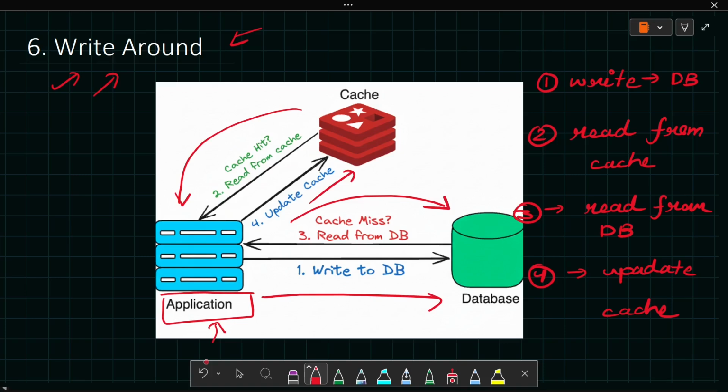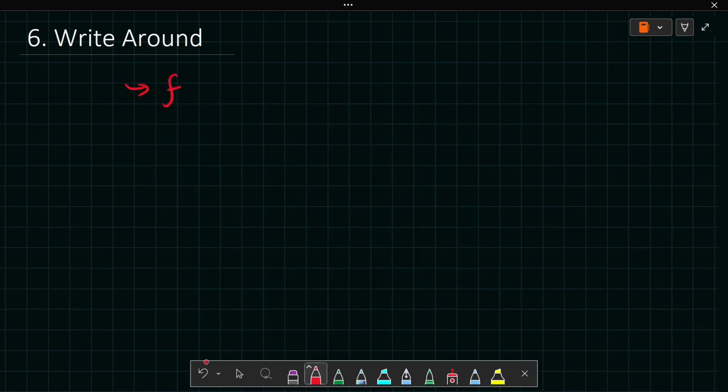The cache is only updated when the data is requested later during a read operation, at which the cache aside strategy is used to load the data into the cache. So this approach ensures that you are only using the frequently accessed data.